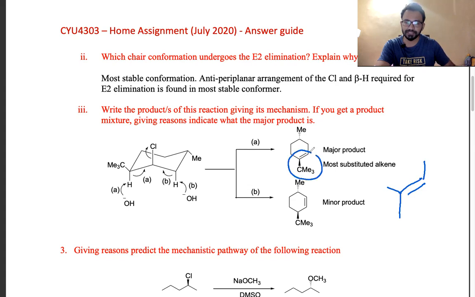See, the carbon of this alkene is directly bonded with the bulky group, meaning substituted groups. Those types of products are more stable. The other one has the same substitution groups, but they are quite far away from the double bond, so that becomes not that stable, right?